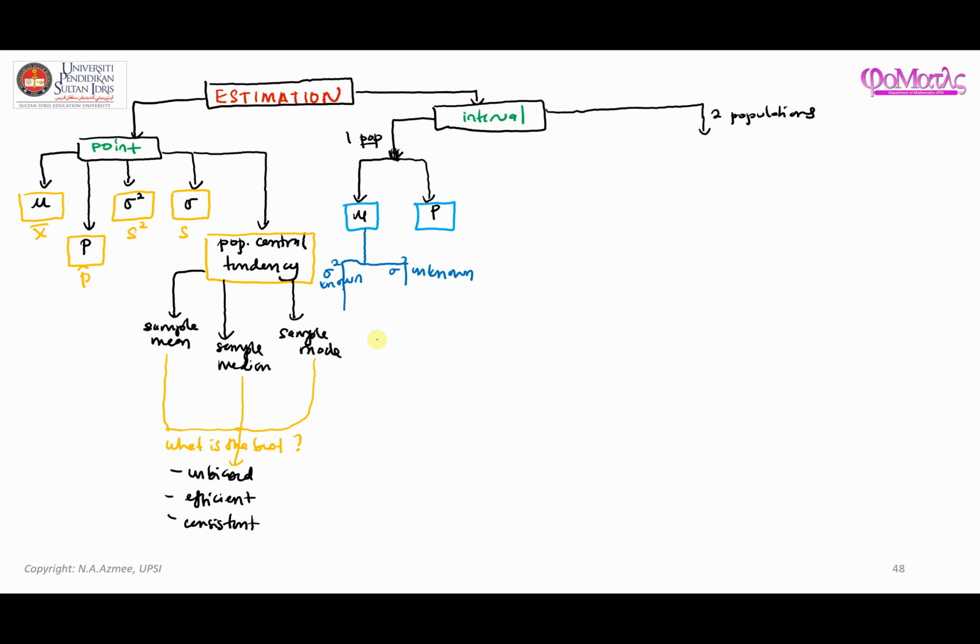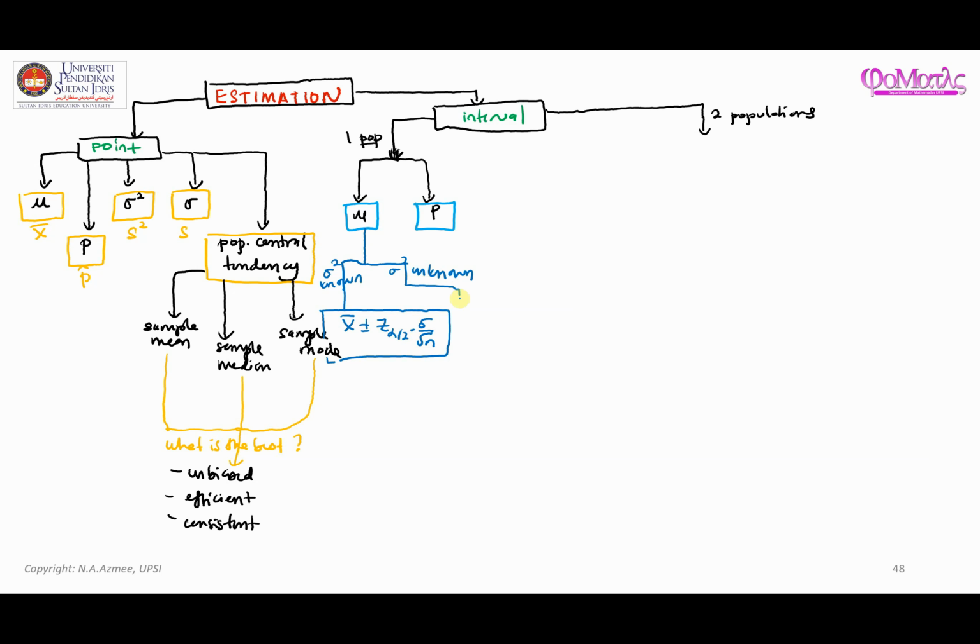When sigma squared is known, the formula to find the confidence interval is x bar plus minus z alpha over 2 sigma over square root n. So when it is known, we will resort to using the z quantile from the standard normal distribution table.